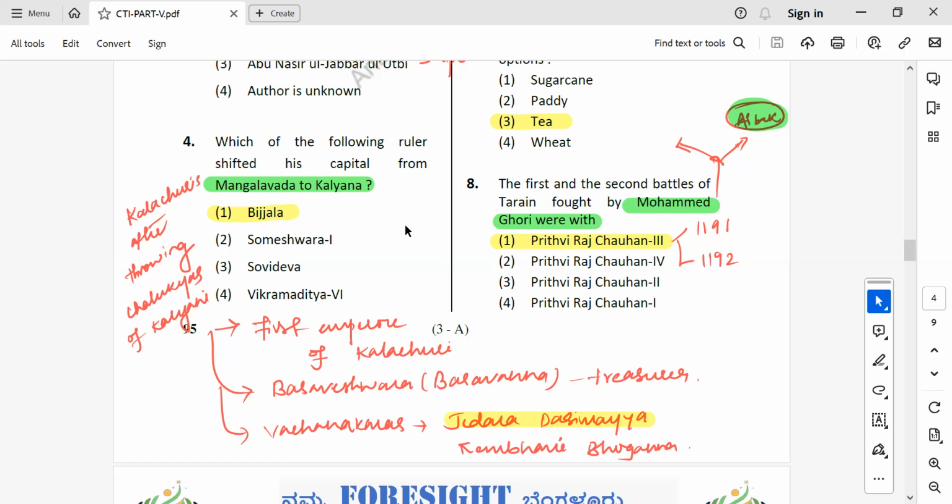One is the Chalukyas of Badami, and the other is the Chalukyas of Kalyana. Bijala is a ruler of the Kalachuris. So we will discuss these aspects, how the Kalachuris came and who the Chalukyas of Badami and Chalukyas of Kalyana are. These are some important aspects.